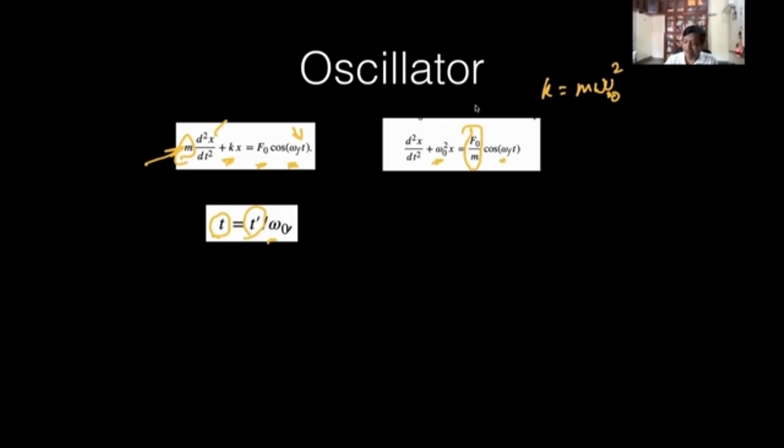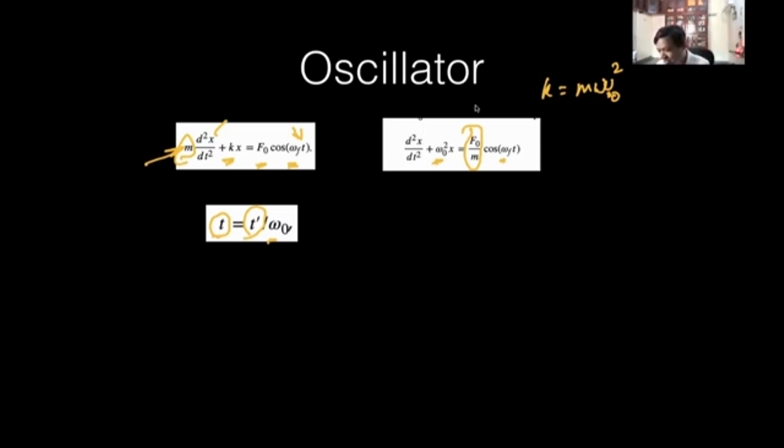Is it seconds? Non-dimensional, no unit. t prime has no units. It is non-dimensional. So t prime cannot be 3 seconds, or 0.3 second, or 3 microseconds. No, t prime is non-dimensional.